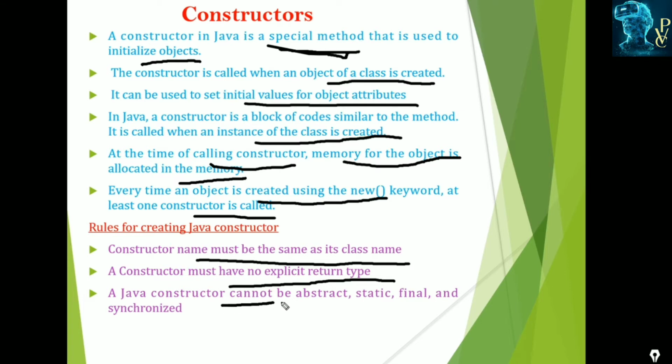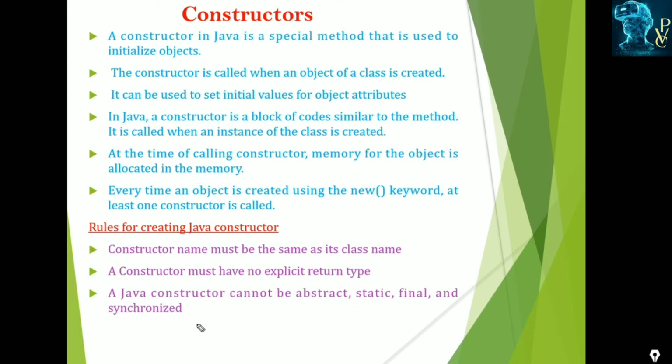And a Java constructor cannot be abstract, static, final or synchronized. These are the rules to be followed when we are creating constructors.